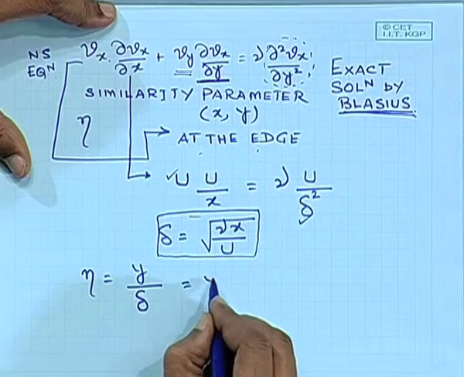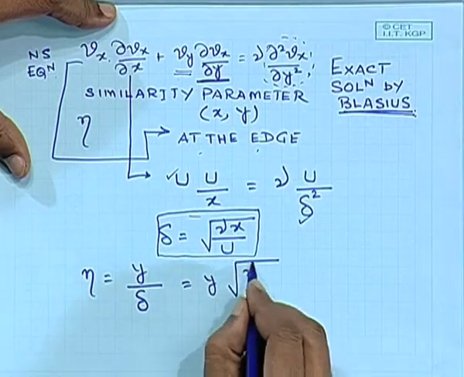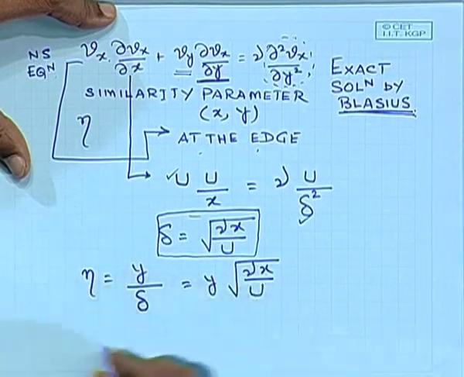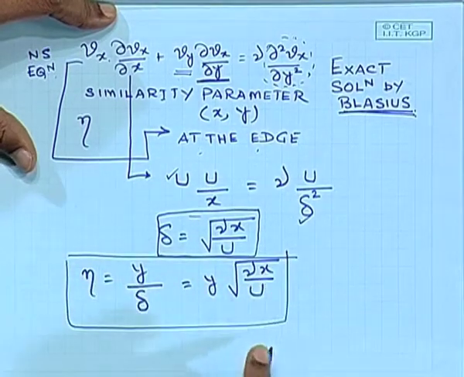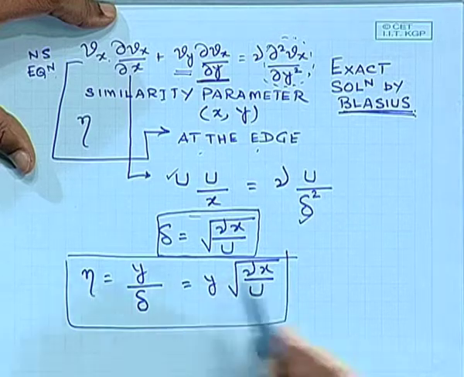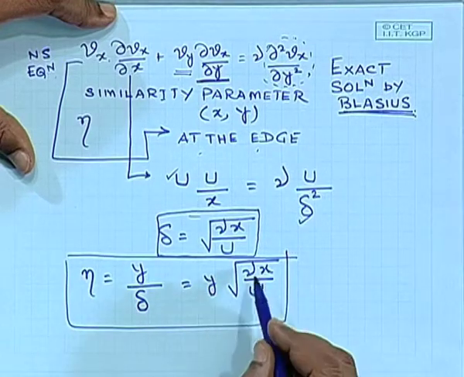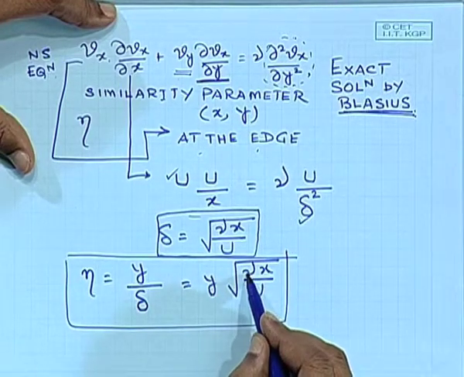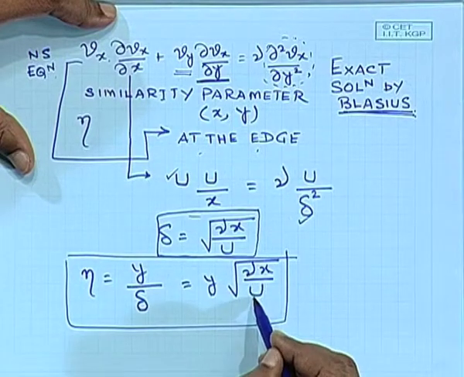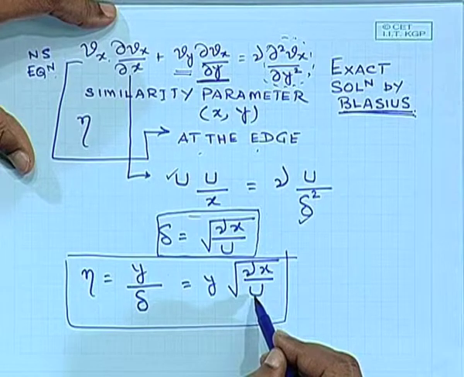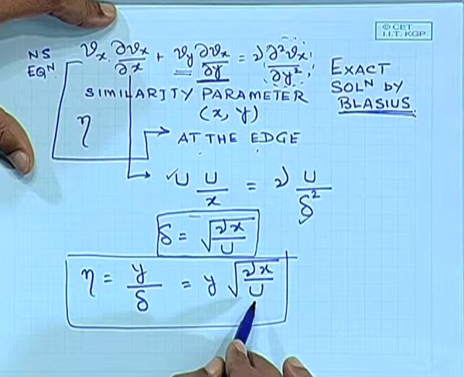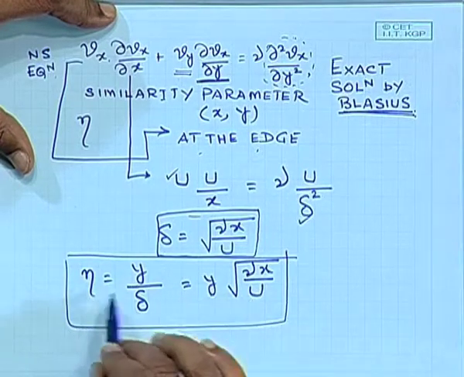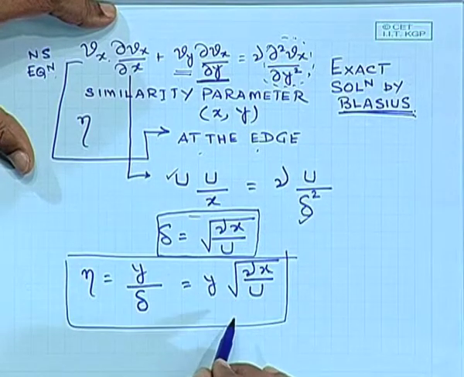So, this eta is y root over U by nu x. This is the similarity variable, combination variable, because it combines both x and y, as well as some of the physical properties of the system and the operating variable, which is capital U. So, it contains all the information, and in most cases this kind of approach is sufficient.